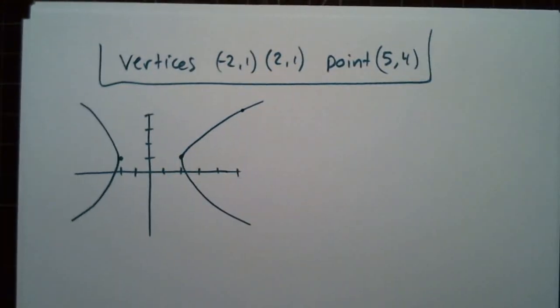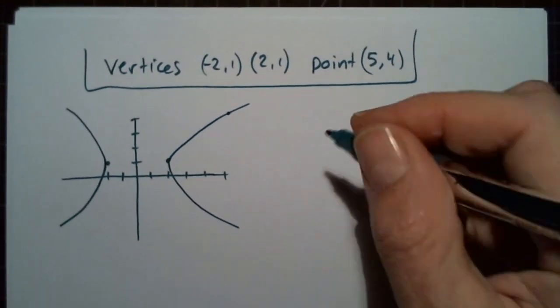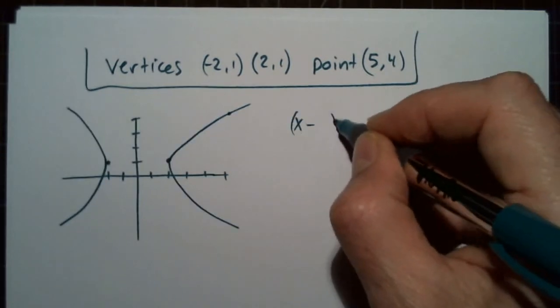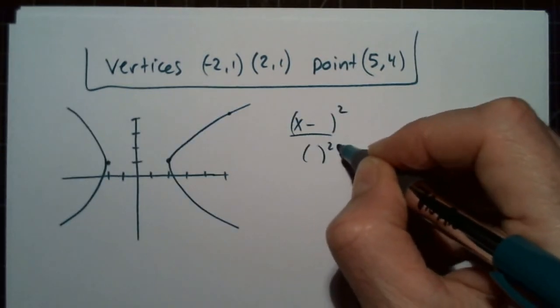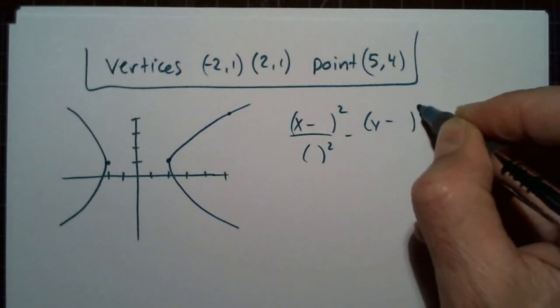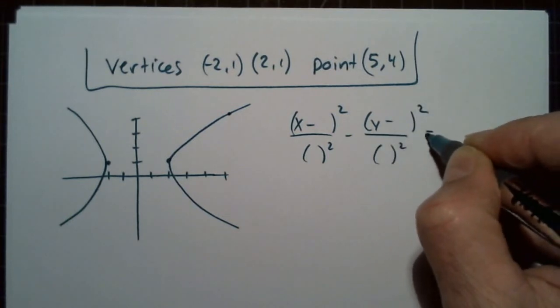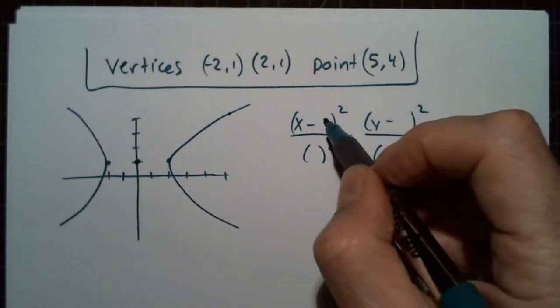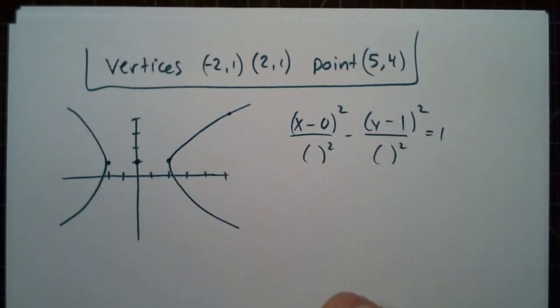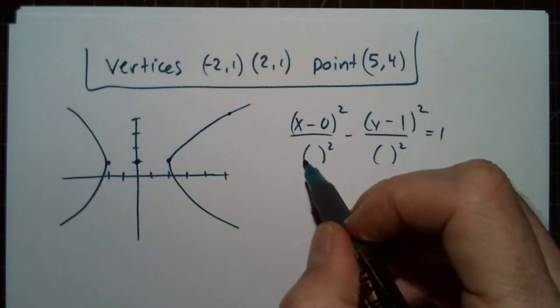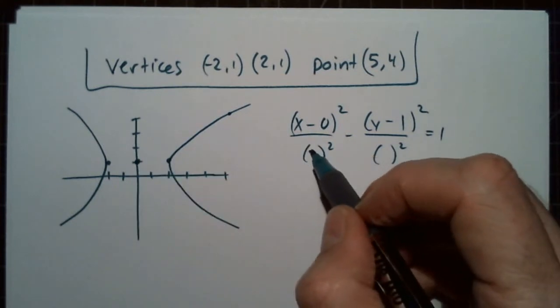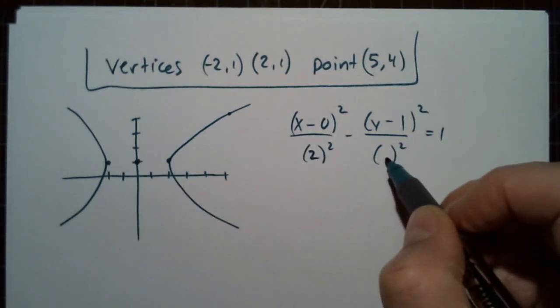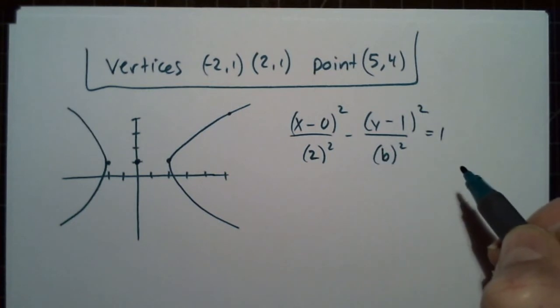So that tells us that it's opening horizontally, and we'll have x first. With a center at 0, 1, and the horizontal distance is 2, and the vertical distance is unknown.